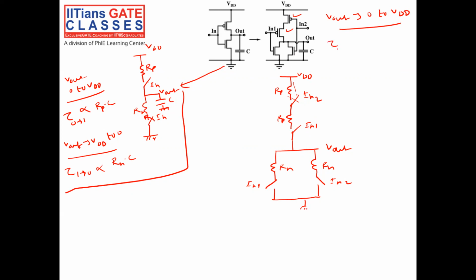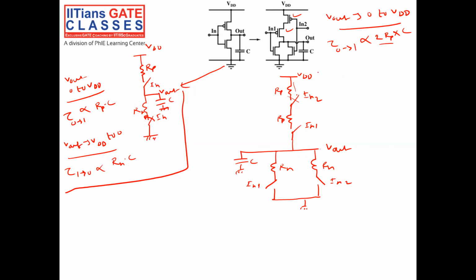So here tau 0 to 1 is proportional to 2 RP into C. So you see the worst case charging time, 0 to VDD, is increased by 2 times because it is charging through 2 RP.